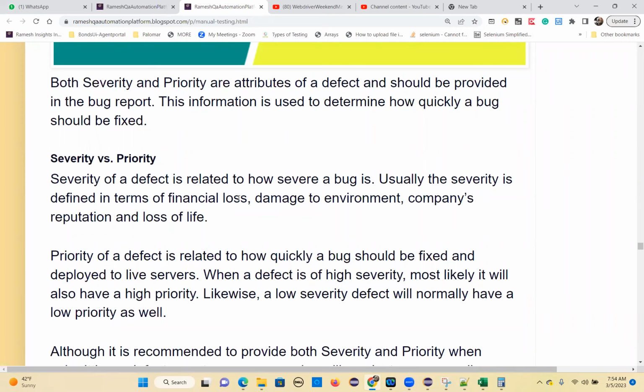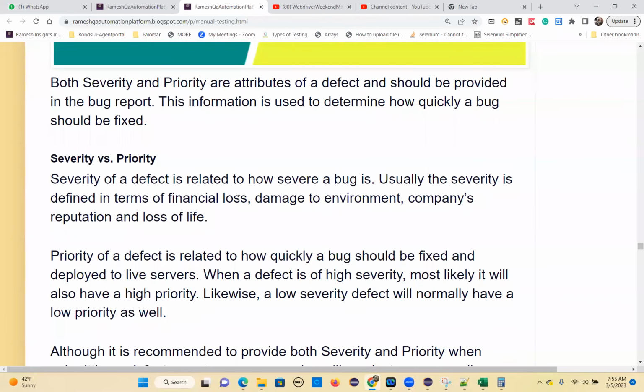So basically severity will be high, medium or low. High means you must fix the bug with importance. Then there is priority. Priority means how quickly a bug should be fixed. See, the meaning itself is telling you. Even severity you can remember easily, right?